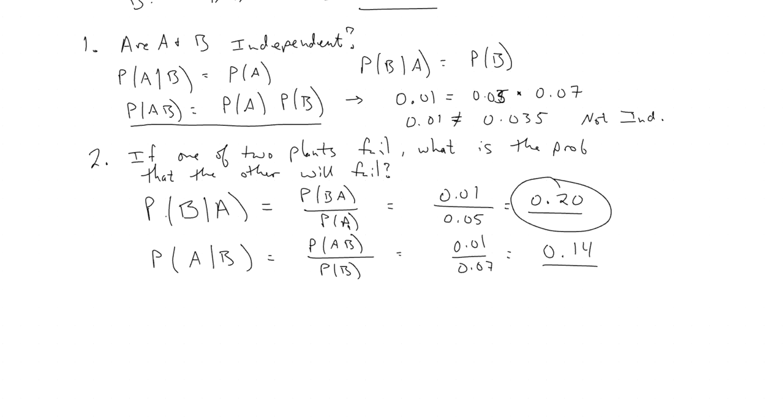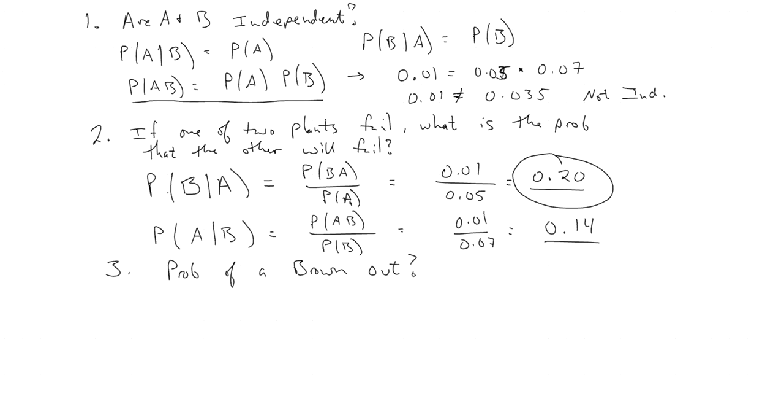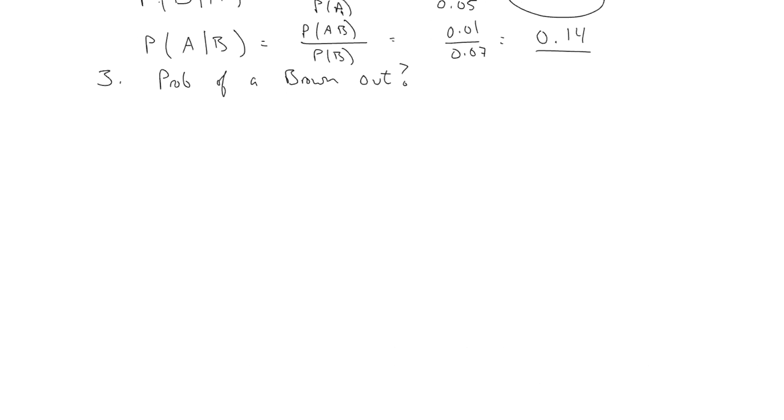All right, so now the third one we'll ask is what's the probability of a brownout? We defined a brownout as either of them going out. So either A or B fail.